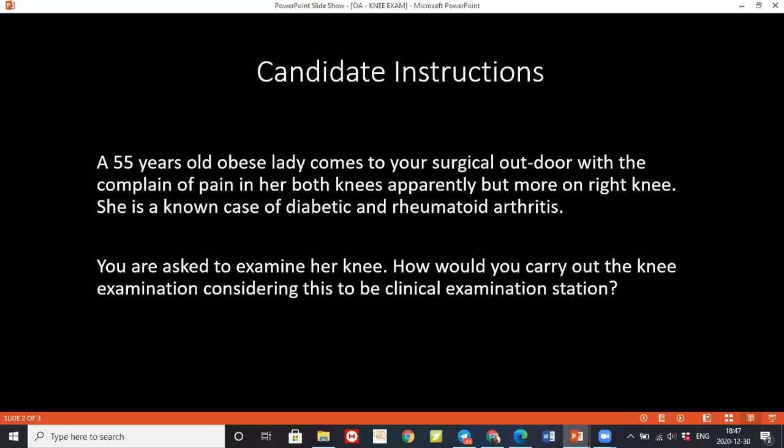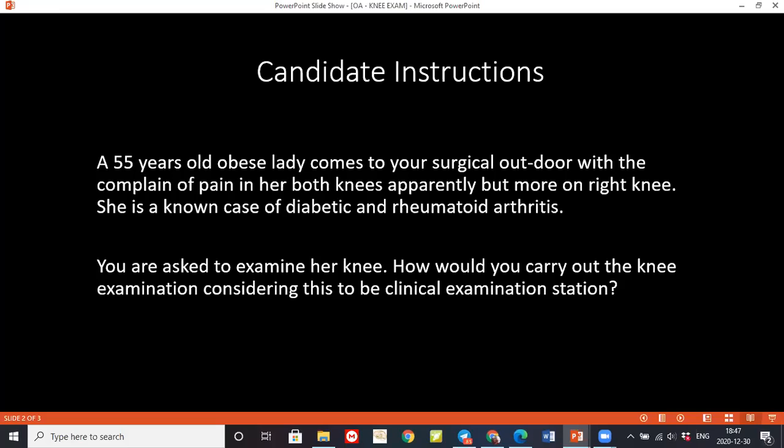Very good. Then I just examined the patient, a 55-year-old lady who complains of both knee pain, but more on the right. Yes. So on inspection, during walking, the patient has an antalgic gait, mostly on the right.